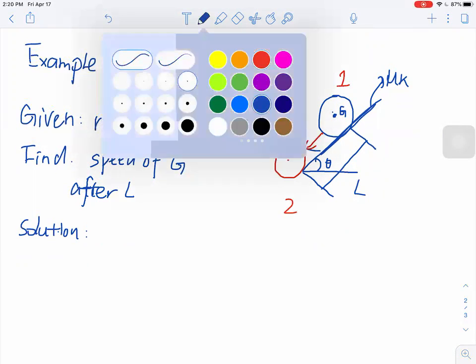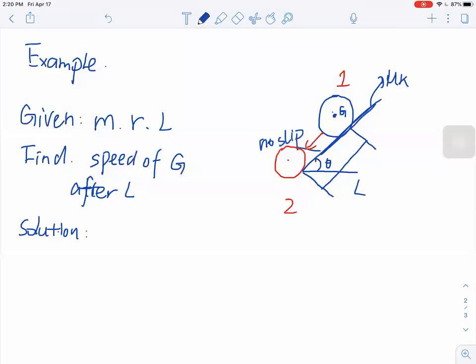Now let's take a look at the kinetic energy at position 1 and position 2. What is the kinetic energy at position 1?